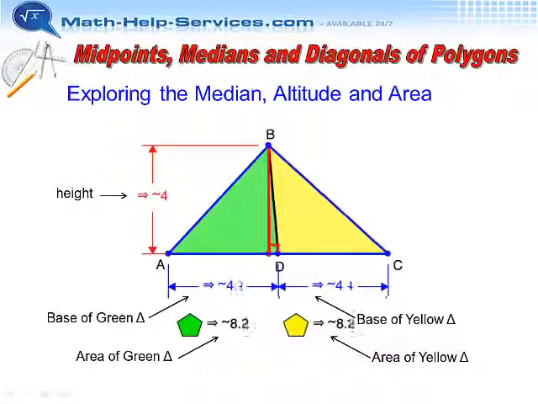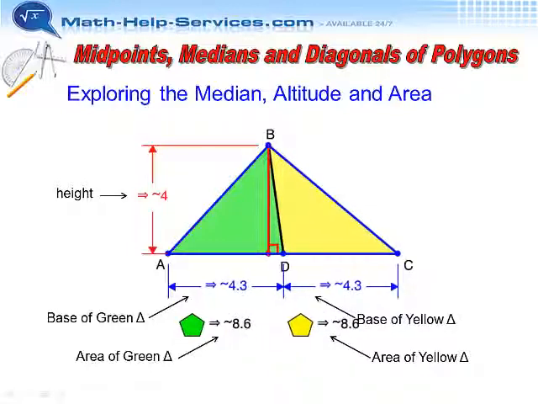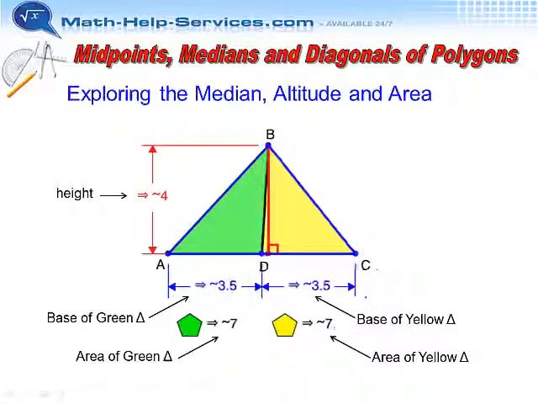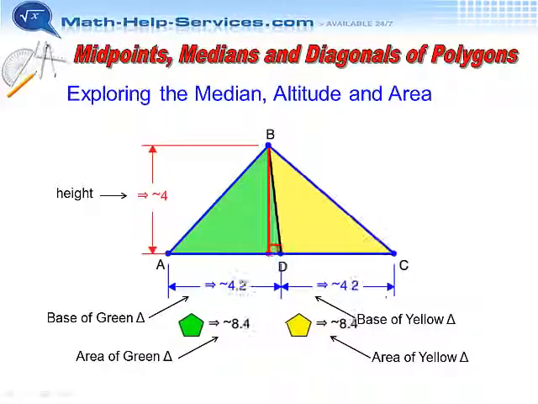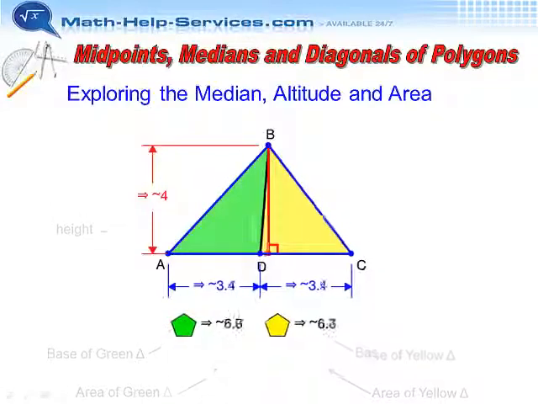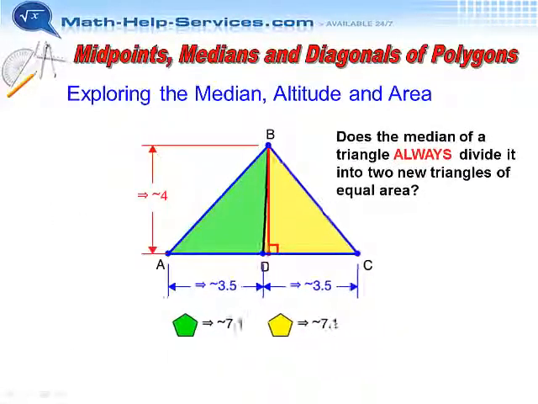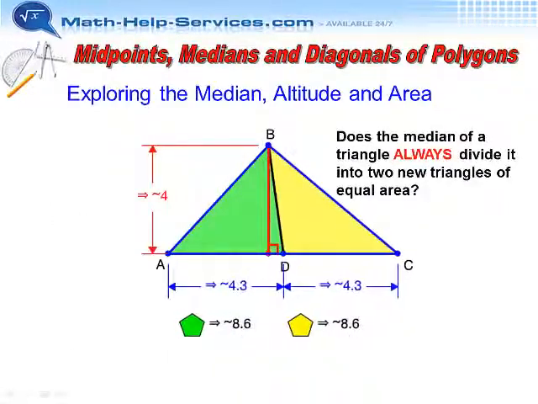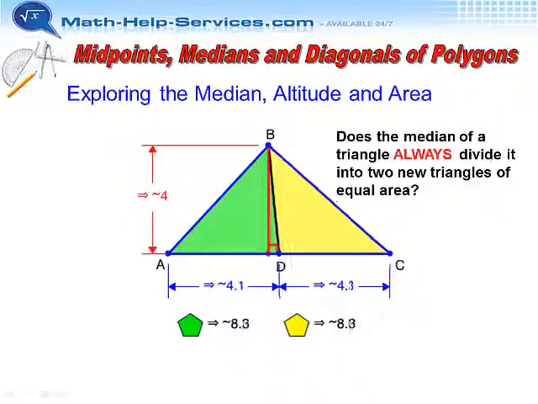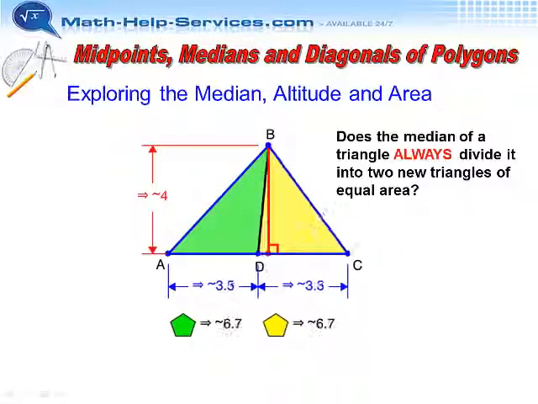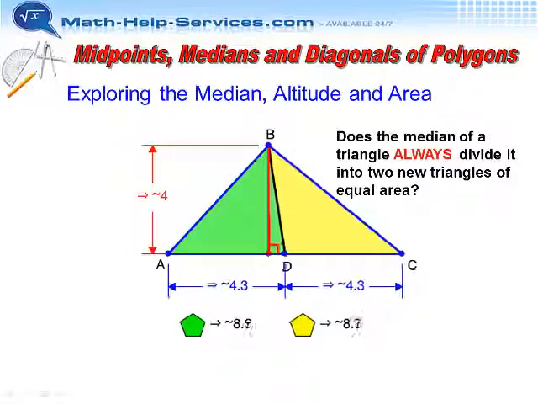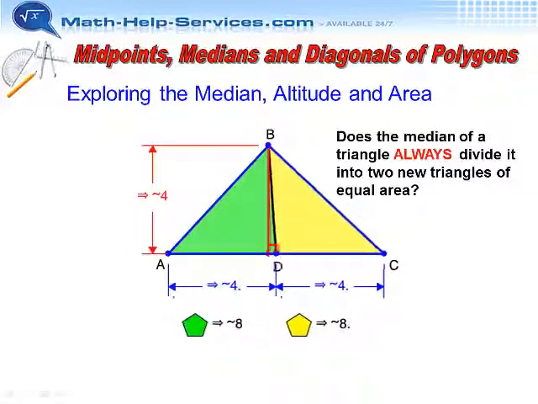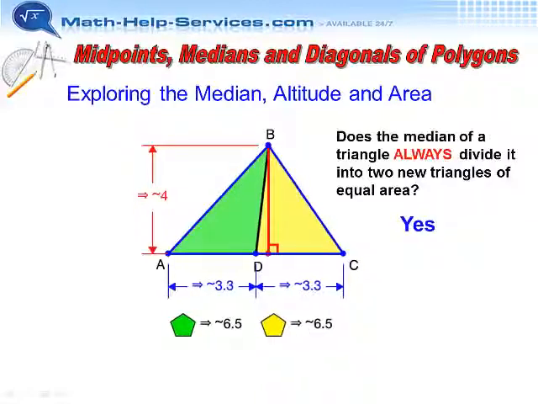Here we have the base and the area of the yellow triangles. Does the median of a triangle always divide it into two new triangles of equal area? Yes, it does.